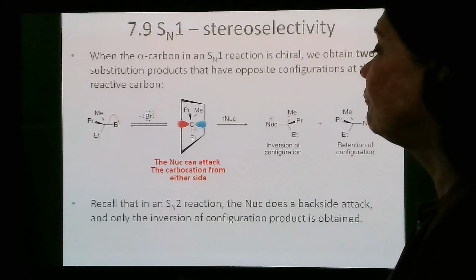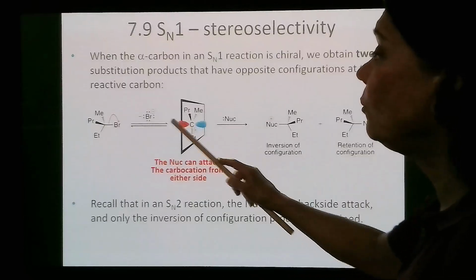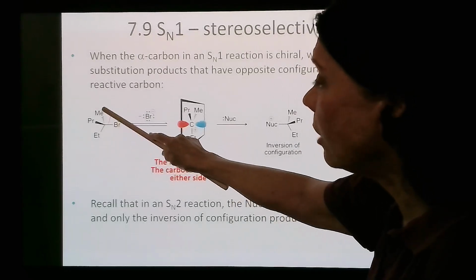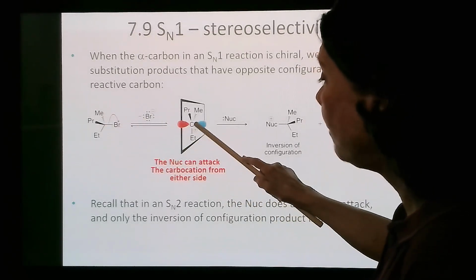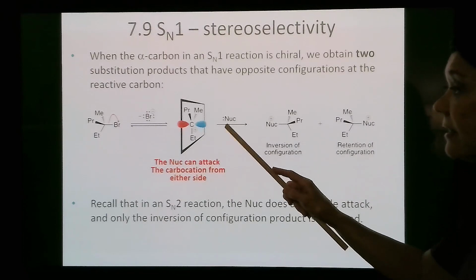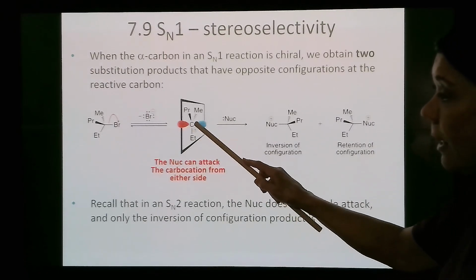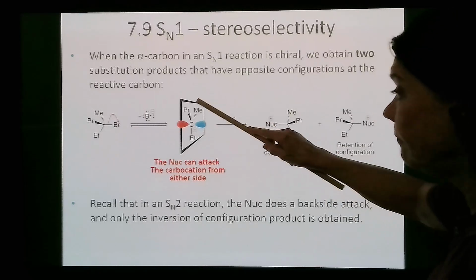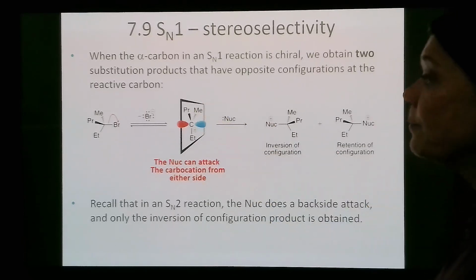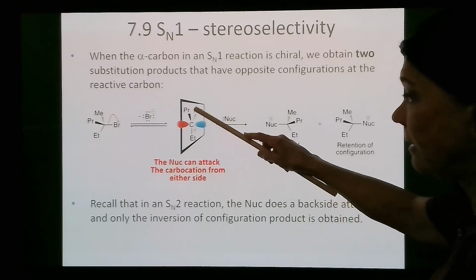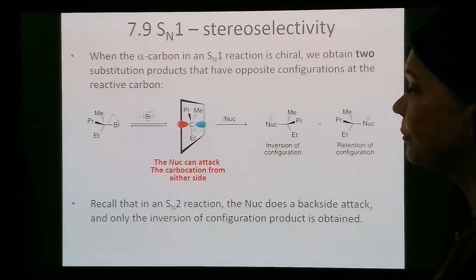Now, let's look at the formation of the carbocation. When you lose bromide, bromide will depart with the pair of electrons, and carbon bears a positive charge. And remember, this now is going to be an empty p orbital residing on carbon. The propyl, methyl, and ethyl will all lie in the same plane, at least the carbons of those groups will.